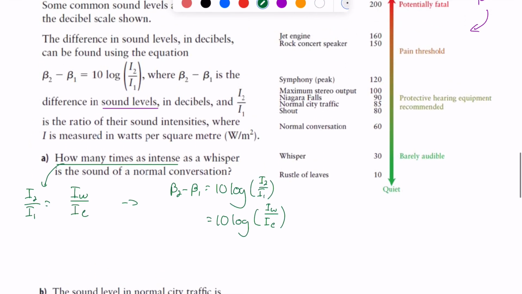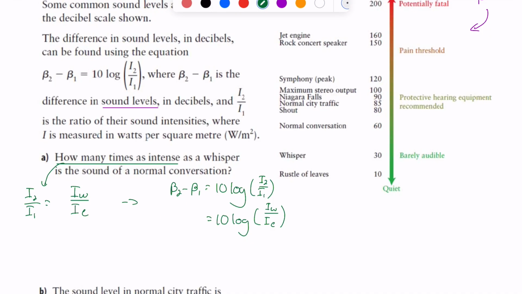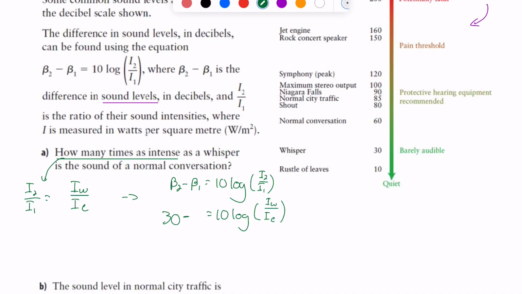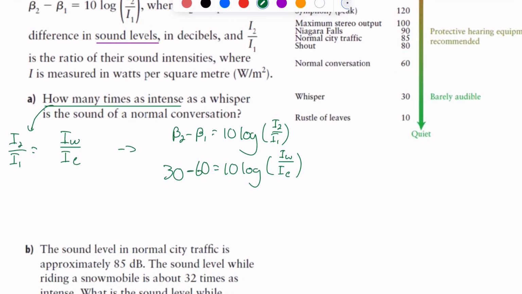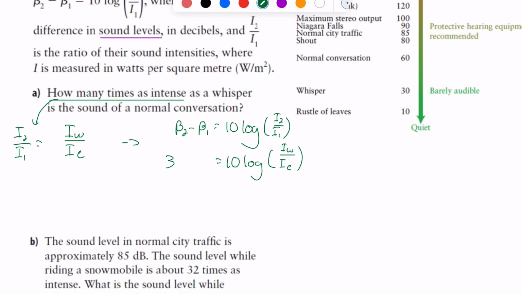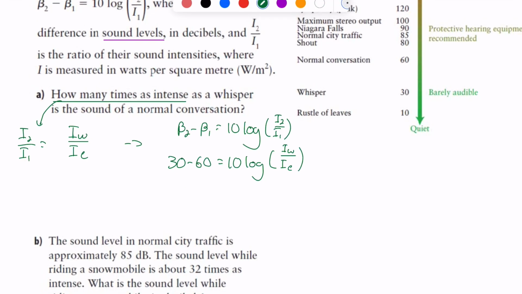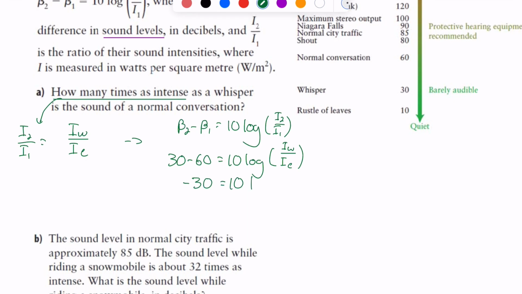The whisper is right here, so that would be 30, and the conversation is going to be 60. Sorry, I just want to make sure I set my ratio up properly, because I'm going to get a negative number here. So negative 30 on the left-hand side is equal to 10 log IW over IC.